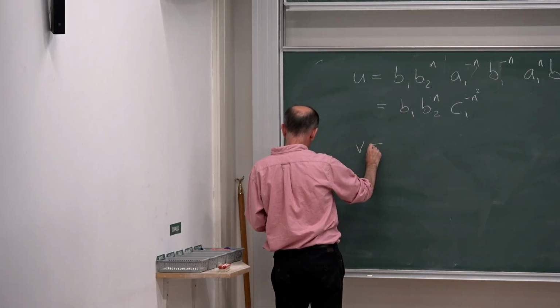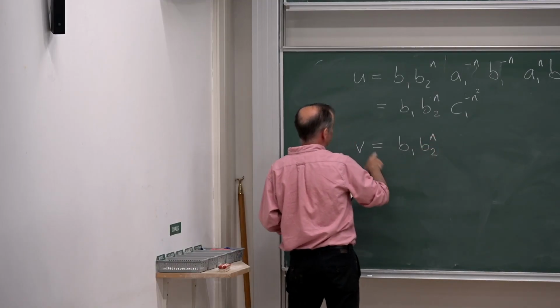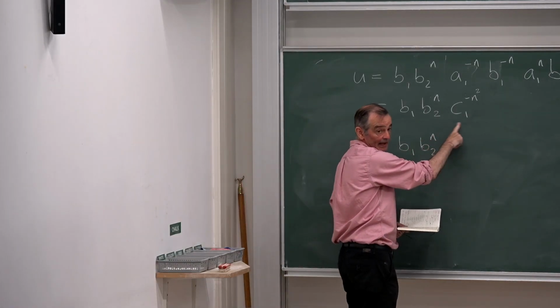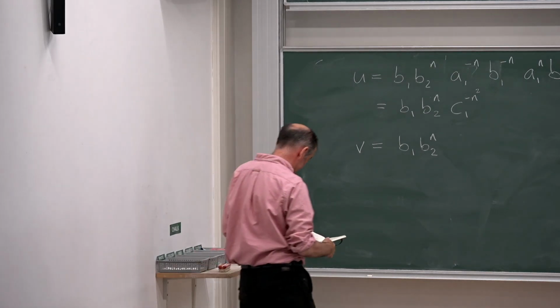Take V to be just the first bit there, B1, B2 to the n. Right, so U and V differ by this central element. And that's going to keep coming up, these central discrepancies.